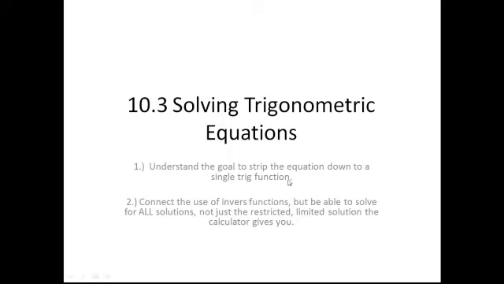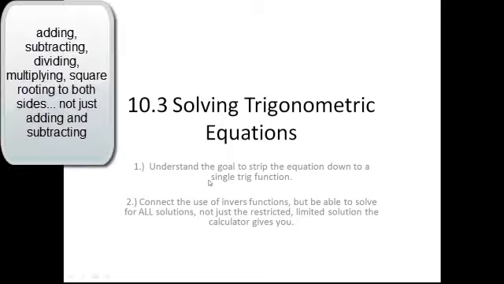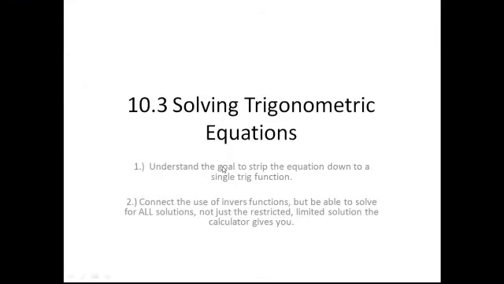And in the process of doing that, you're going to be adding something to both sides or subtracting something from both sides. So this is very different from 10.1 and 10.2 in that whatever you do to one side, you have to do to the other. Our other goal is to connect it to inverse functions in the past, but we're going to see that it's somewhat limited and your calculator can only help you so much here.